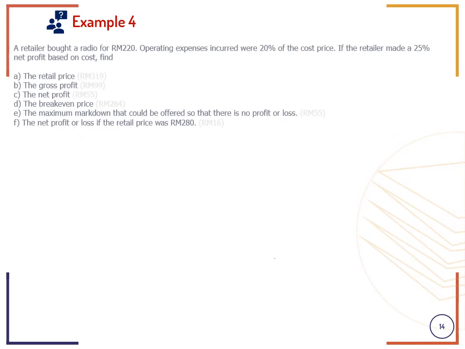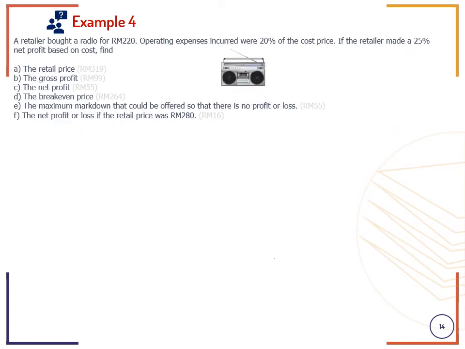Now let's solve example 4. A retailer bought a radio for 220 ringgit. Operating expenses incurred were 20% of the cost price.